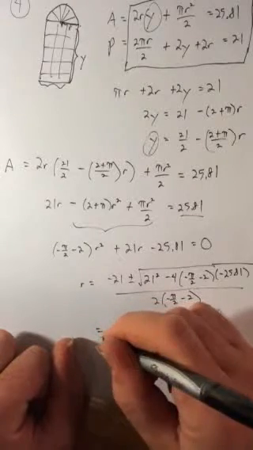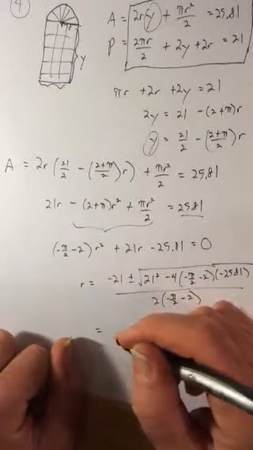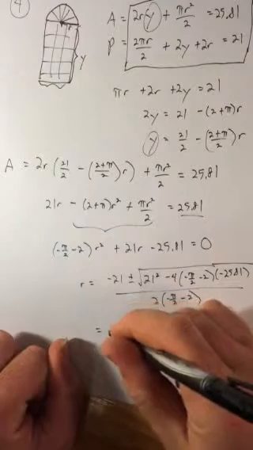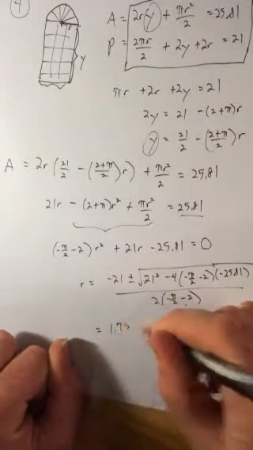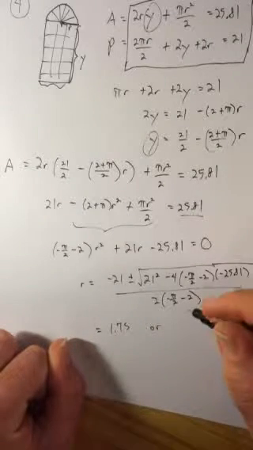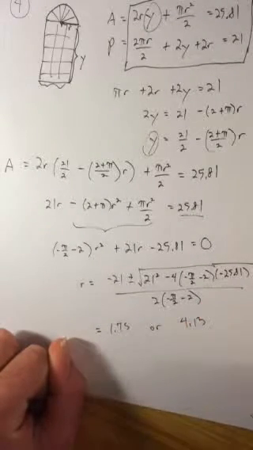Alright, now if you punch that in, I think you get two different answers. Let's see. You should get one that is close to 1.75, and you get another one that's close to 4.13. And that should be what your two answers look like for R.